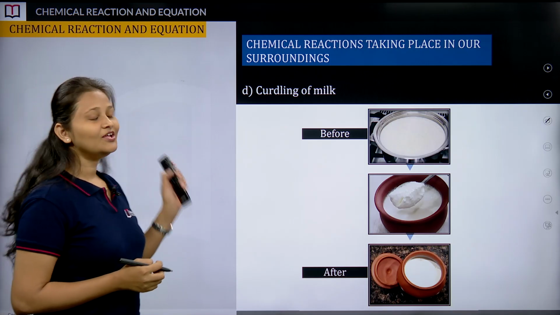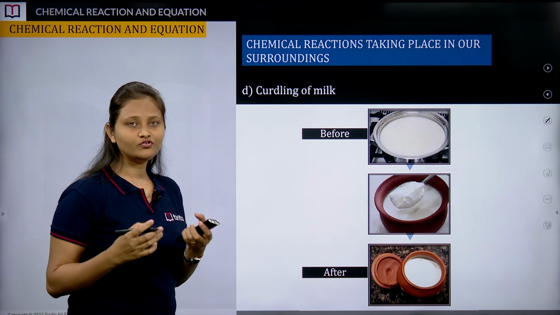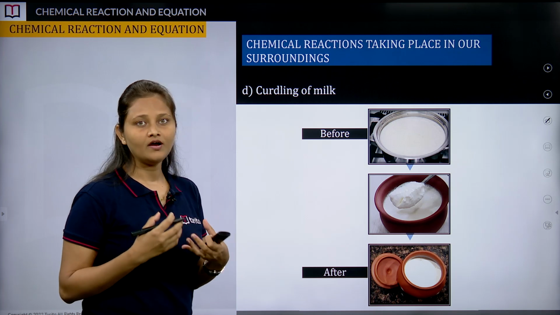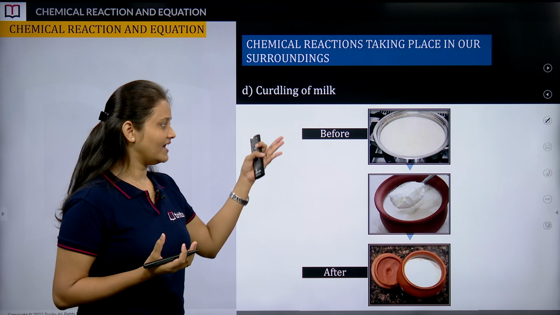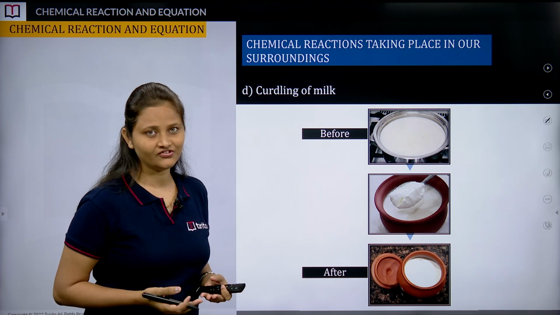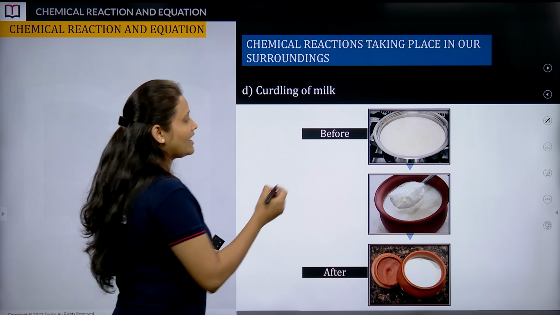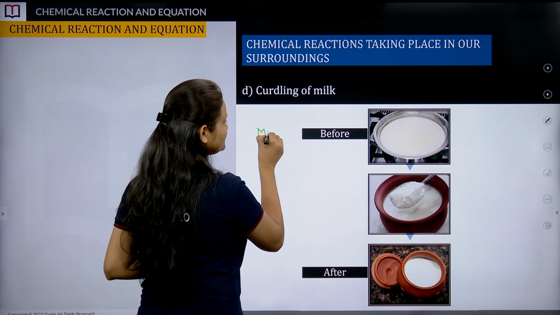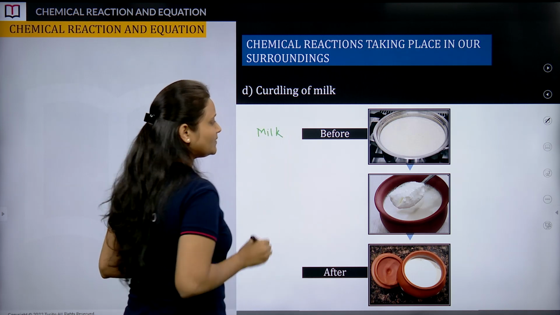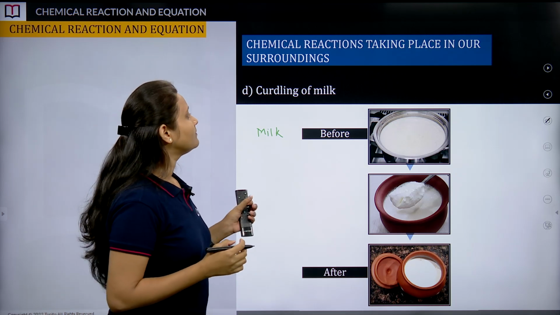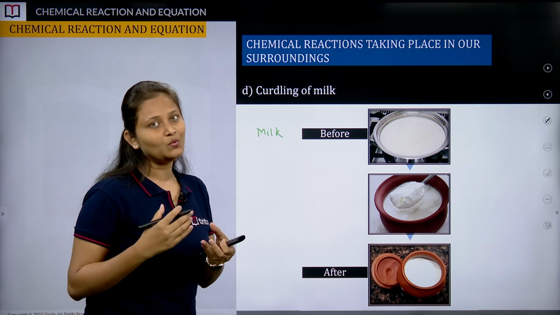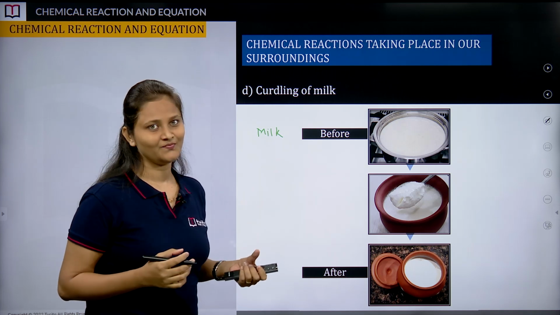Then we have the curdling of milk. The milk which you like to have with your aloo paratha has already undergone a chemical change. We have milk basically. You must have seen mother makes the change.